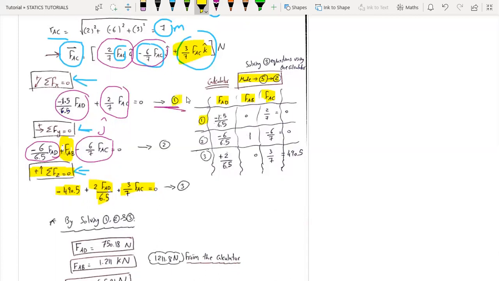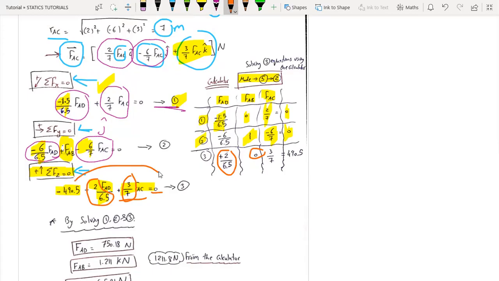So equation number 1: F_AD has coefficient minus 1.5 over 6.5, F_AB we don't have any term so 0, and for F_AC we have 2 over 7, equals 0. From equation number 2: minus 6 over 6.5 for F_AD, coefficient 1 for F_AB, and minus 6 over 7 for F_AC, equals 0. From the third equation: 2 over 6.5 for F_AD, 0 for F_AB, and 3 over 7 for F_AC, equals not 0.